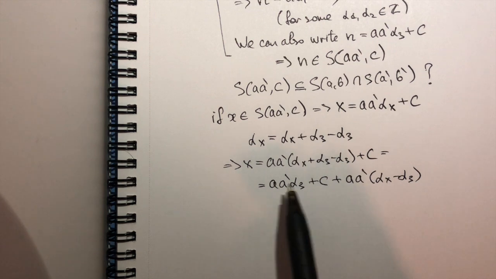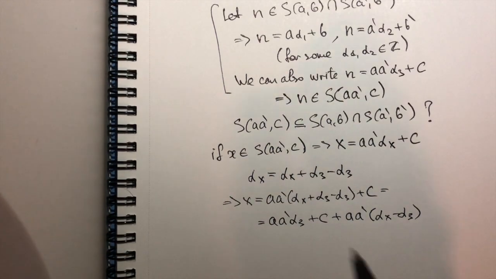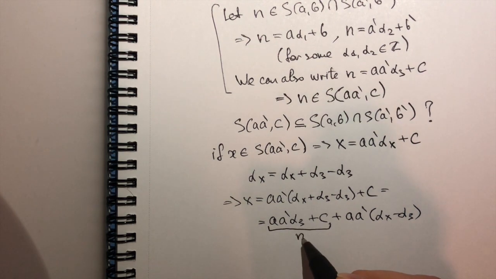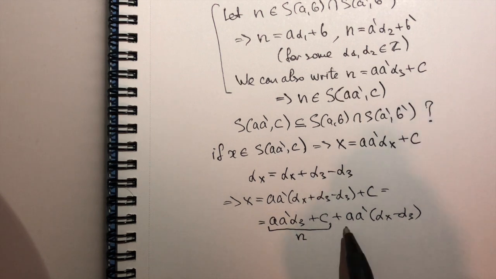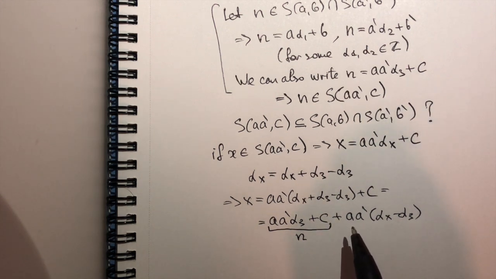Now, this looks a bit obscure, but what we notice is that we have managed to yield n out of x, and the remaining part is divisible by both a and a prime.